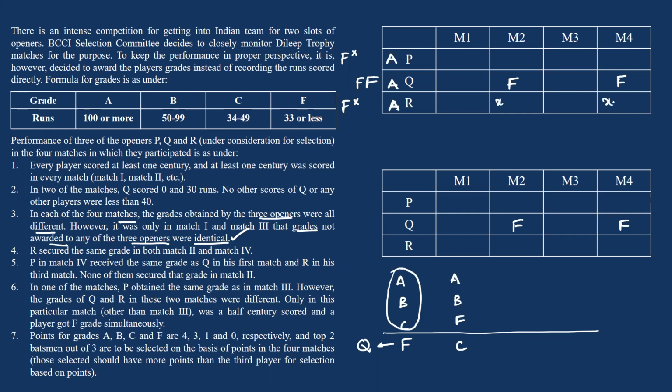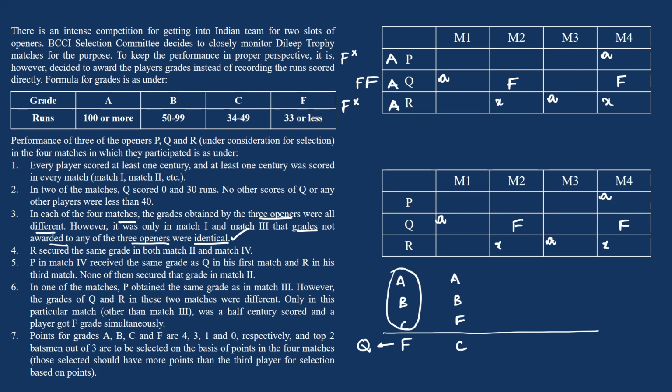So if this is X, this will be X. Now P in match 4 received the same grade as Q in his first match, and R in his third match. So if this is A, then this should be A, and this should be A.